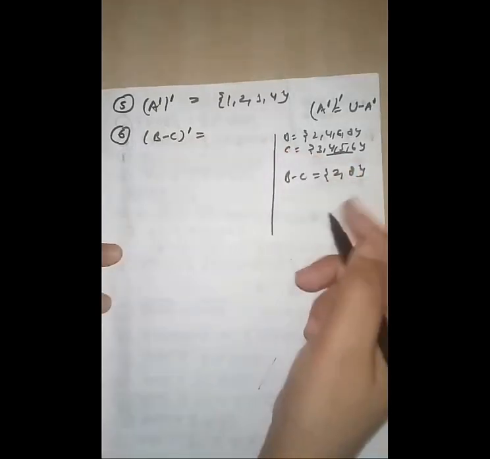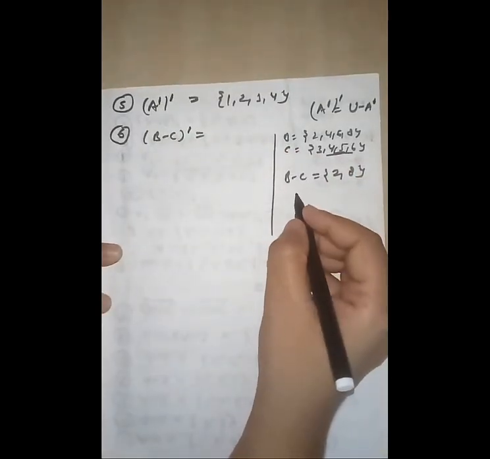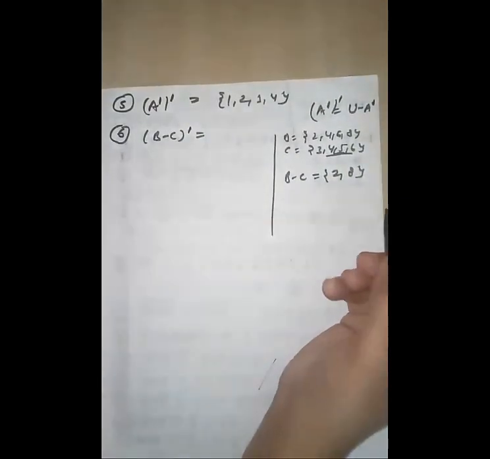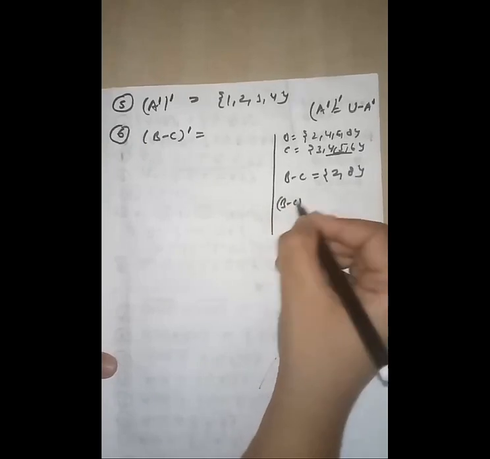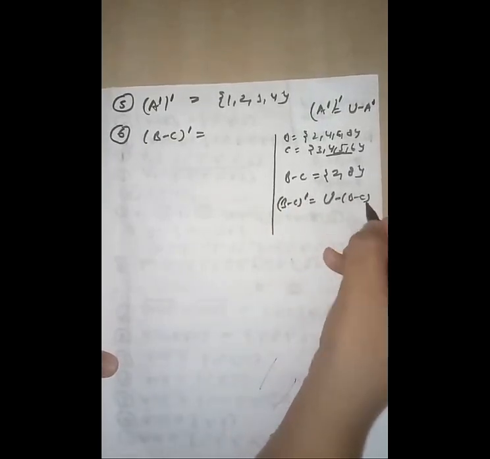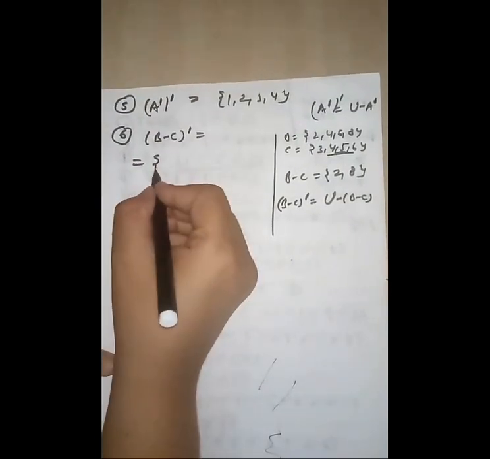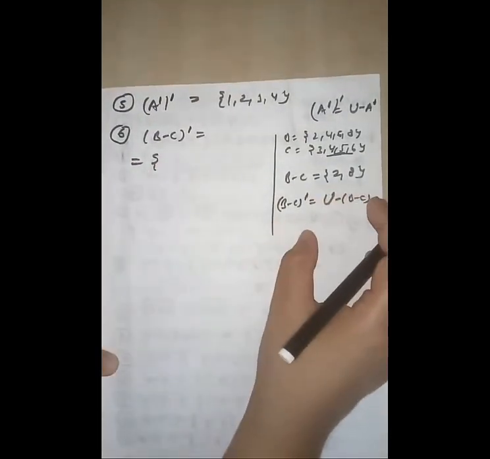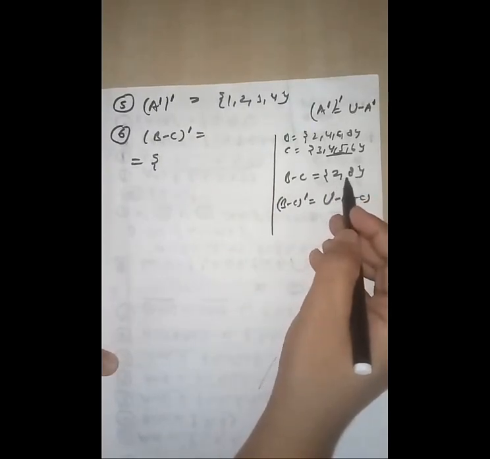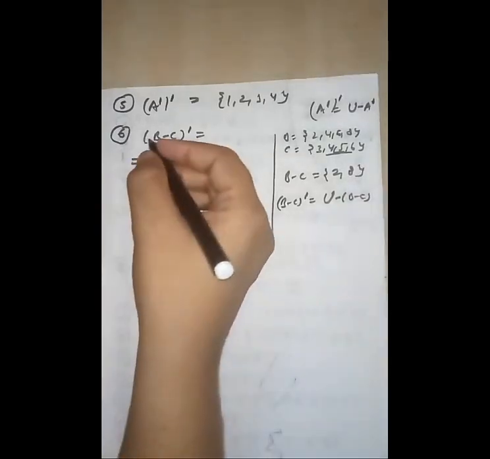So if you are taking the B minus C complement, it means those elements which belong to the universal set but do not belong to B minus C. It means B minus C complement is the universal set minus B minus C. So you can write the elements which are left in the universal set, deleting these elements.